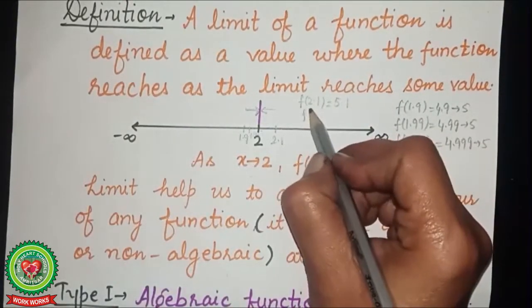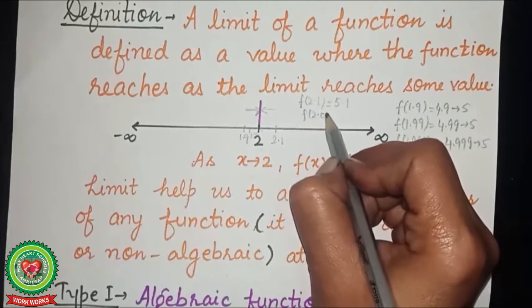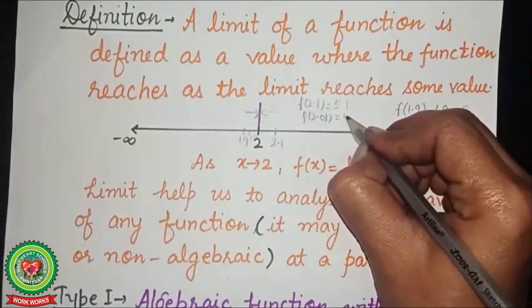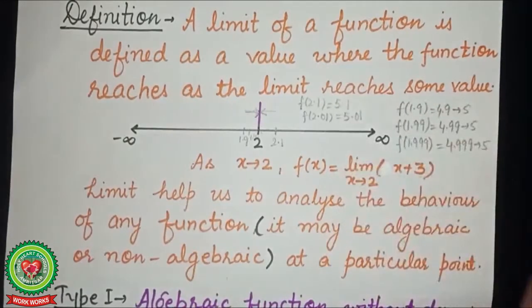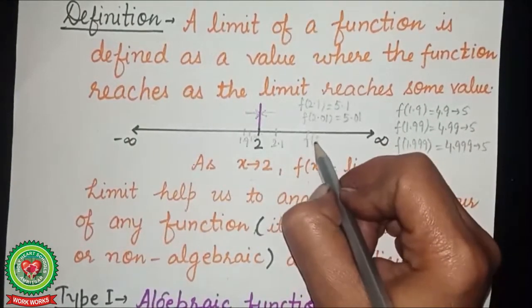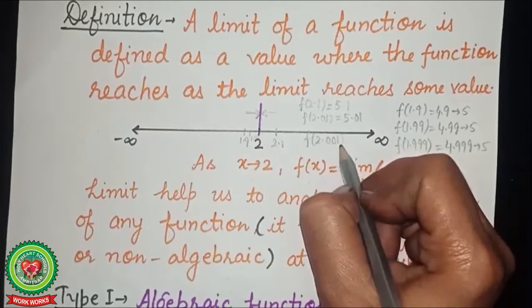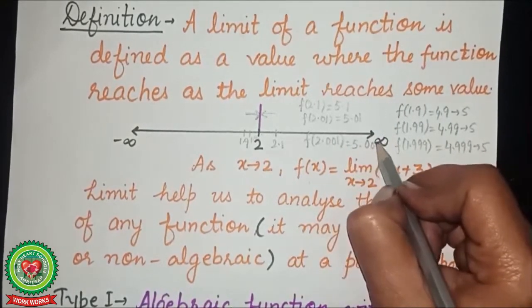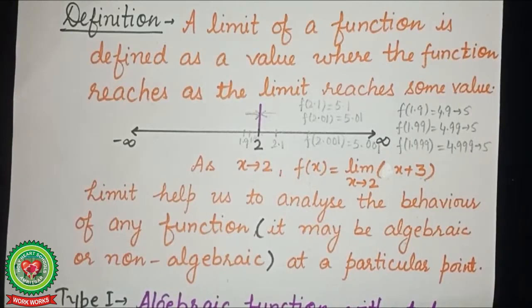Similarly, for 2.01 we get 5.01. Again, if we take 2.001, the answer will be 5.001.